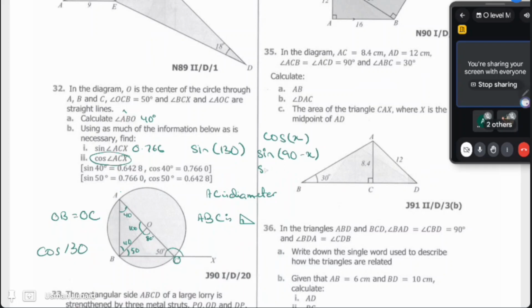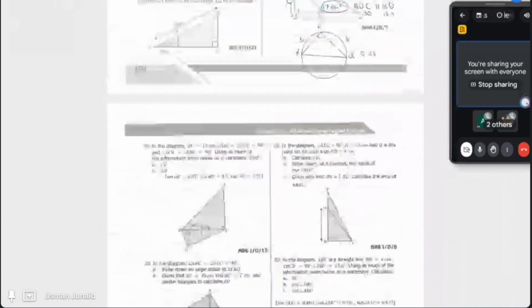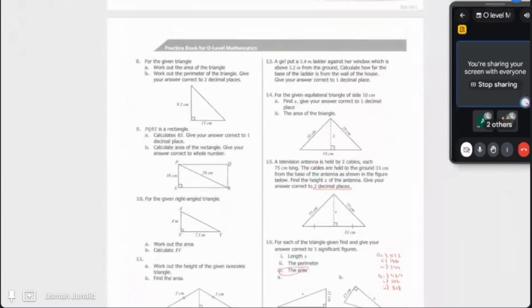So you would have sine 40 ki value, but it would be negative. So you would have 0.642 negative. Understand? Okay. So matlab, this is something that you can either remember if you want, but I don't think it's in your syllabus, so it doesn't really matter. Okay, let's go on to circle properties, angle properties in a circle.